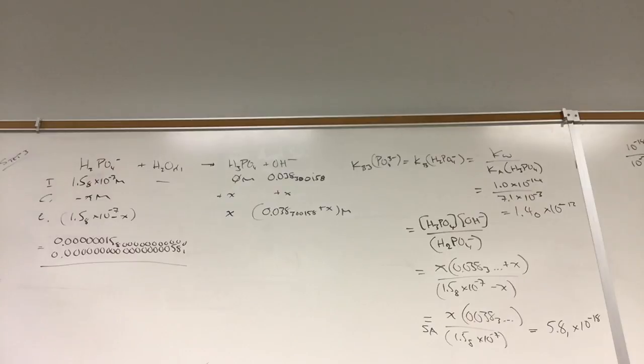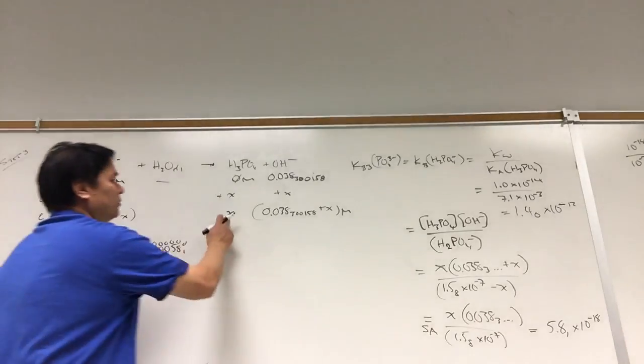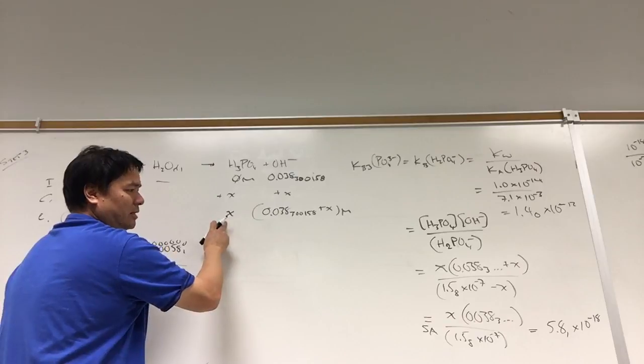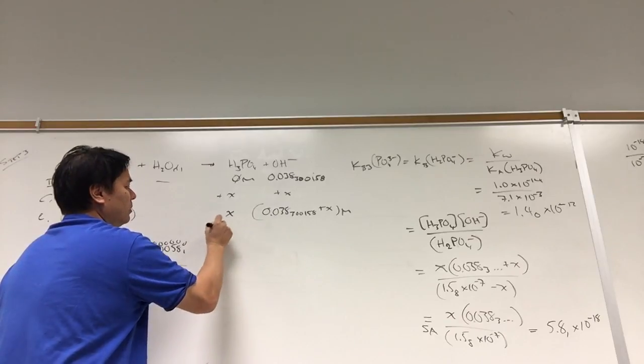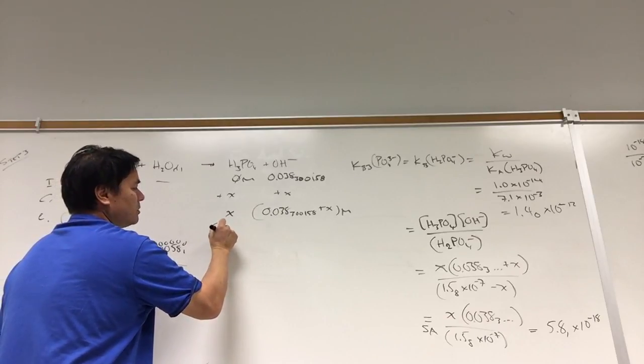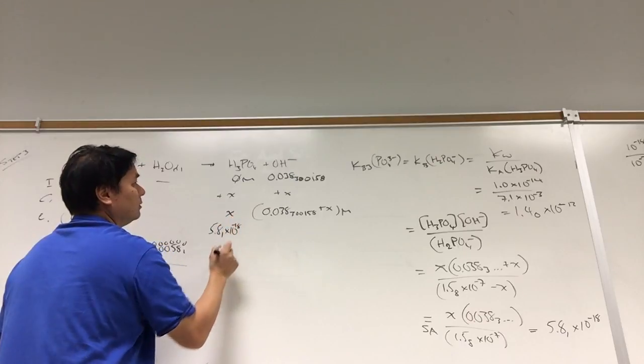Did we lose much here? You think that's not even really going to register, is it? No. We barely lost any. Then over here, did we gain much? Yes. Even though that's an exceedingly small number, it's still significant: 5.81 times 10 to the minus 18.